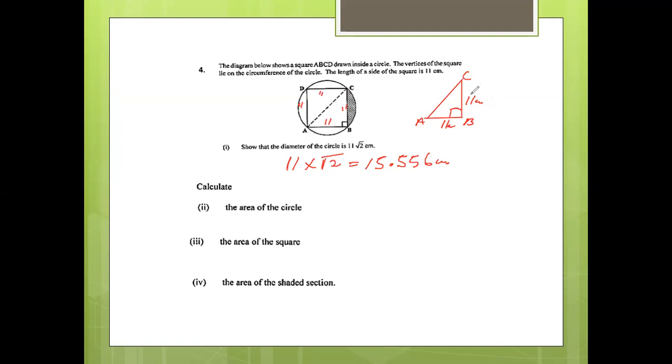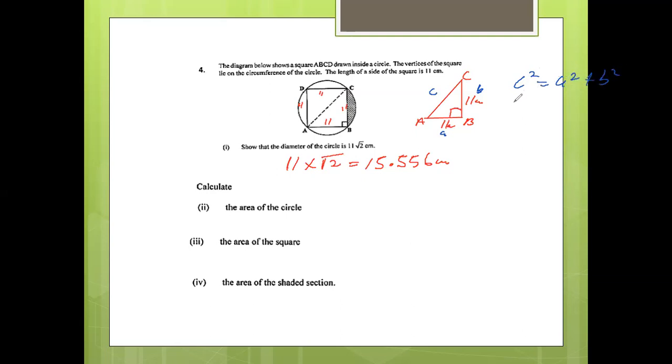A, B, C, right? So anybody remember the formula for the Pythagoras theorem from last week? C squared equals A squared plus B squared.